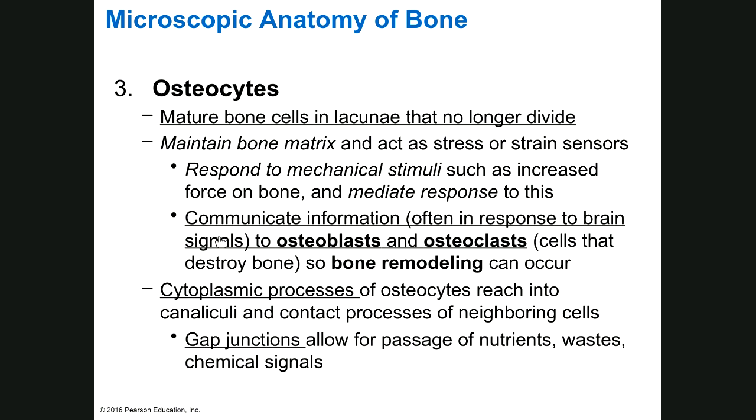Signals from the brain, you know the brain tells the body everything. So the brain will signal osteocytes, and those osteocytes will then communicate information to osteoblasts and our other really important cell that we haven't talked about yet called the osteoclast.